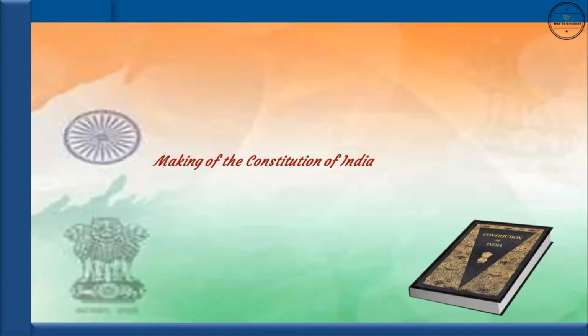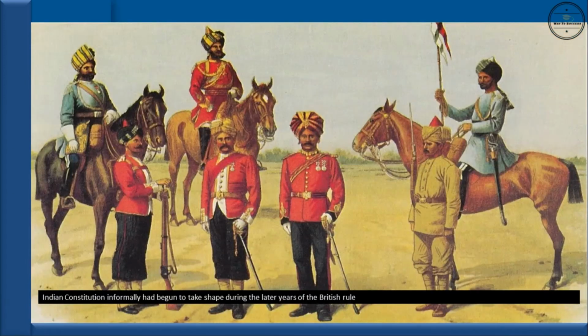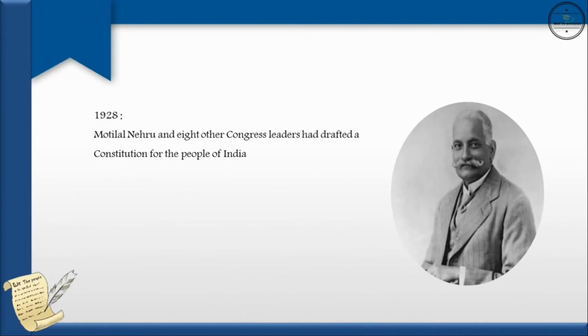Making of the Constitution of India. The Indian Constitution informally had begun to take shape during the later years of the British rule. In 1928, Motilal Nehru and 8 other Congress leaders had drafted a constitution for the people of India.